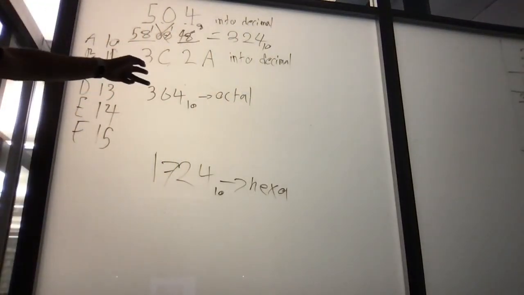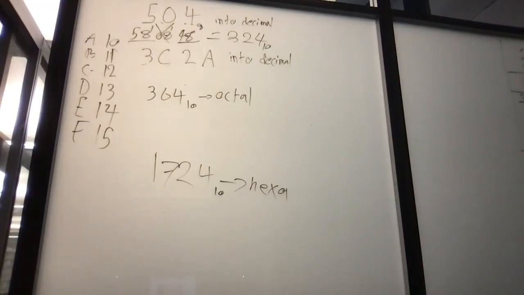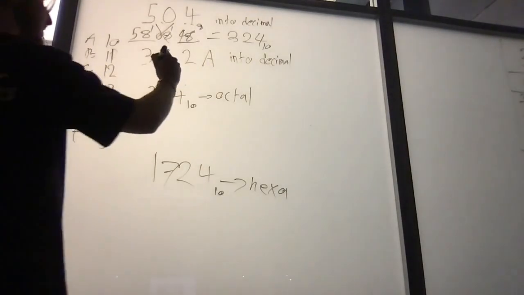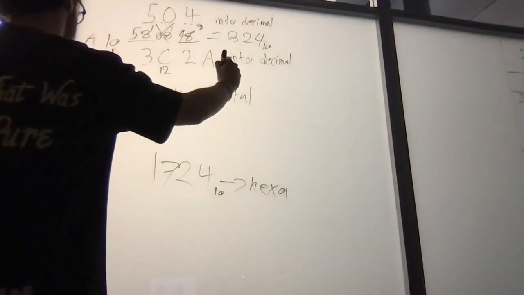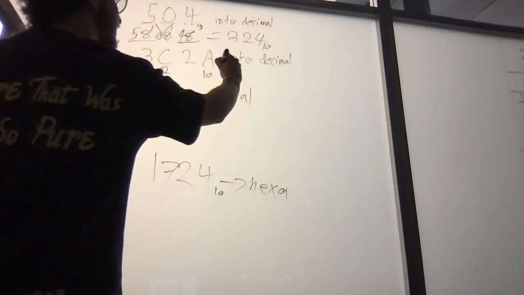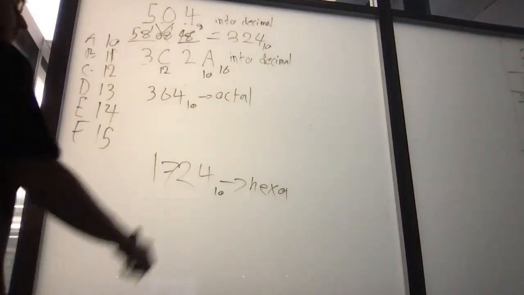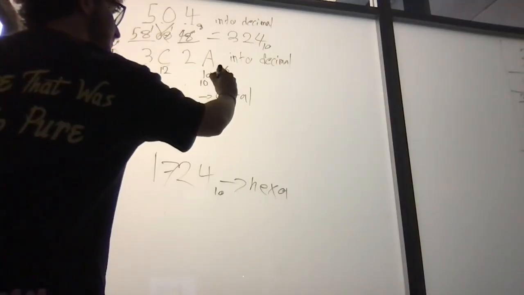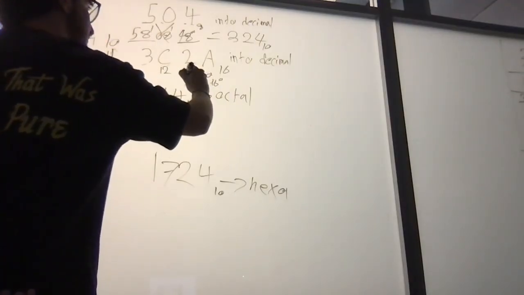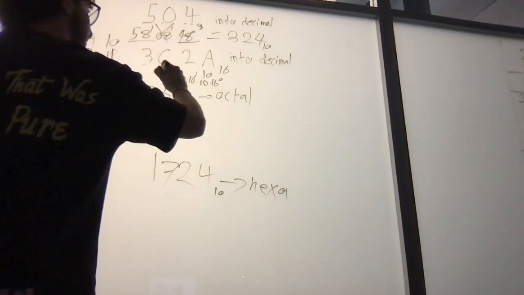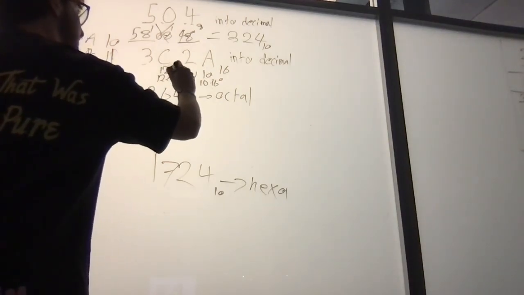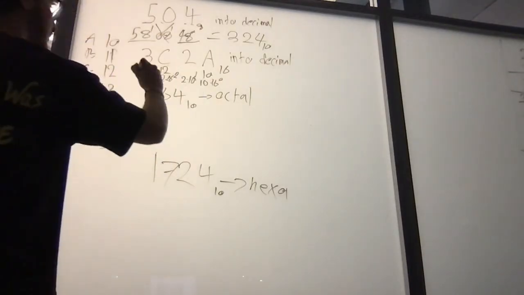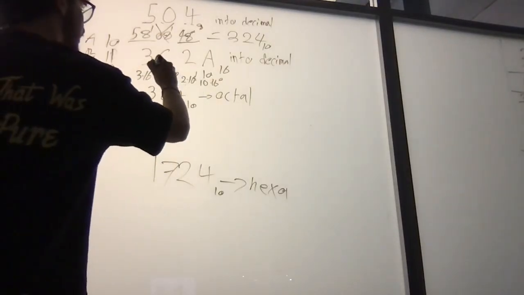And then from hexadecimal to decimal, we're gonna have to read these letters as one of these numbers. So C is gonna be 12 and A is gonna be 10. And in hexadecimal, we have a base of 16. So this is gonna be 10 times 16 to the 0, and then 2 times 16 to the 1, and then 12 times 16 to the 2, and then 3 times 16 to the 3.